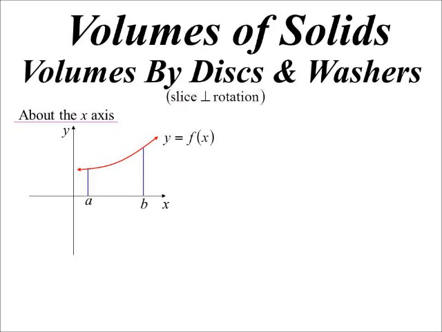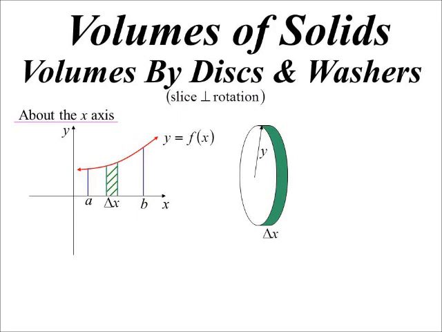And because they're all circular cross-sections, each slice will theoretically be a cylinder, although we want the thickness of that cylinder to be very small. So if we were to rotate that, there's our slice rotated round, and we get our cylinder.